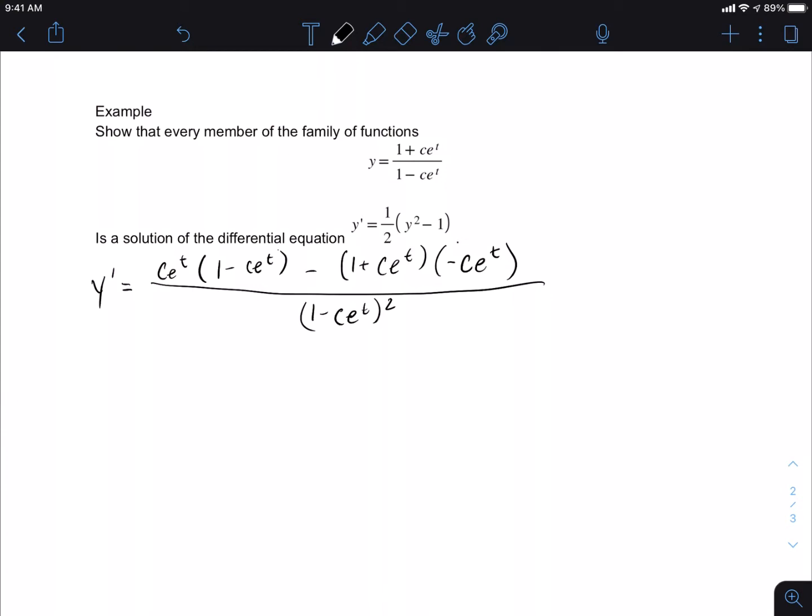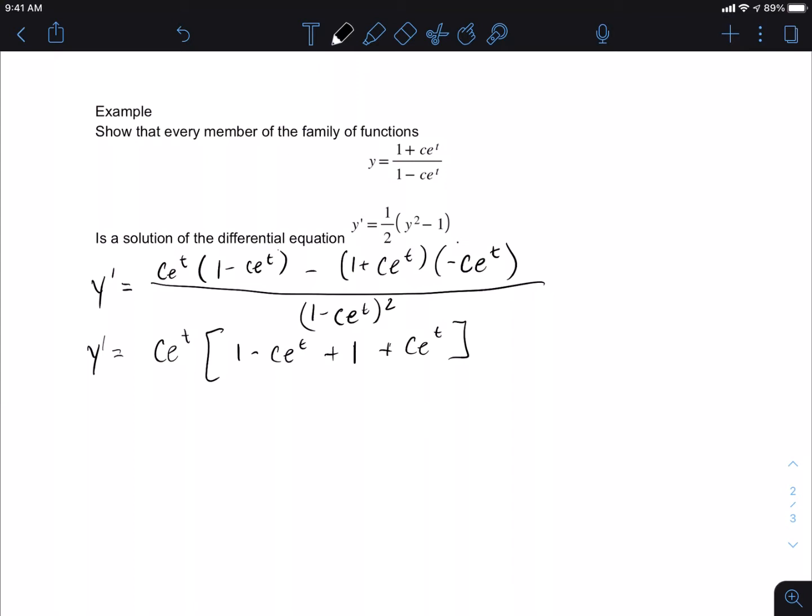So from here, I can pull out a c e^t, and I'm going to make my life much easier. So I'm going to get (1 - c e^t) minus, oh, it's actually going to become a plus, right?